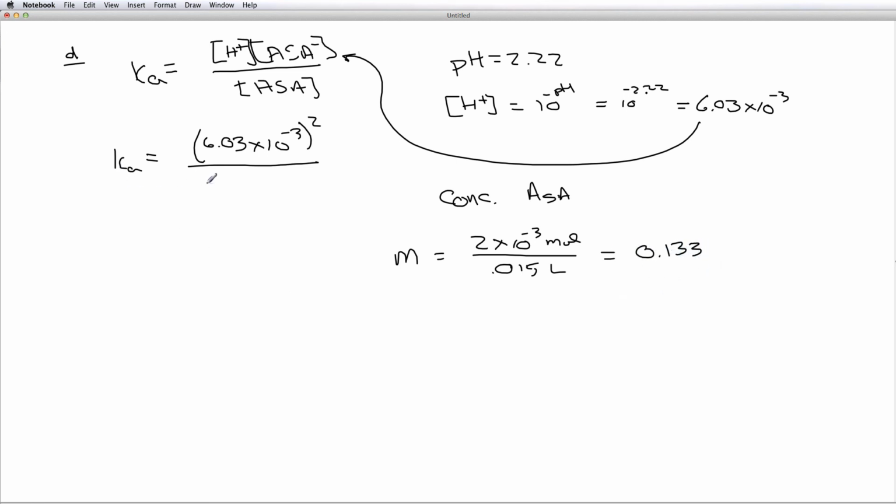I use that value over here, solve for Ka, and the Ka comes out to be 2.73 times 10 to the minus fourth, and that's our final answer. You may want to note that since the Ka is not that terribly small and this solution is not that strong, you might want to consider subtracting the x up here and solving with the quadratic formula. It's not necessary, but if you do, it certainly would not be wrong.